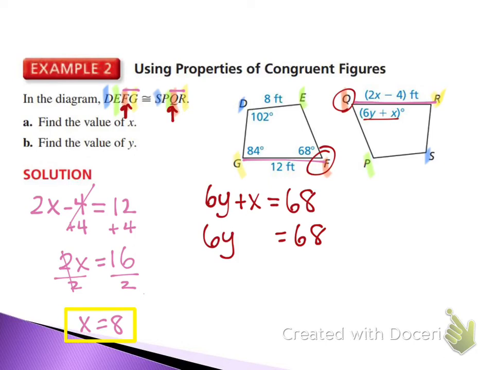But don't we know the value of x? We do, right? It's 8. So we're going to plug it in. So 6y plus 8 equals 68. Subtract 8. Correct. 6y equals 60, so then y is 10.